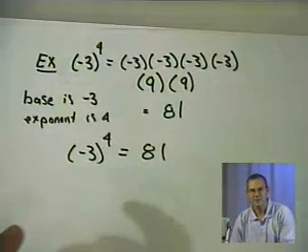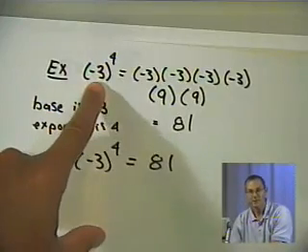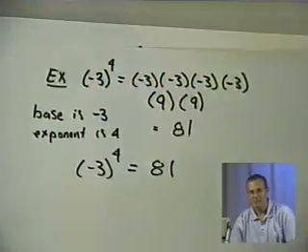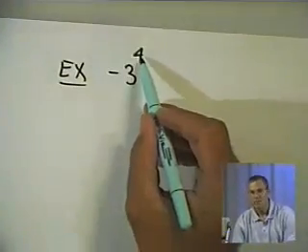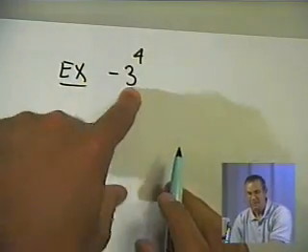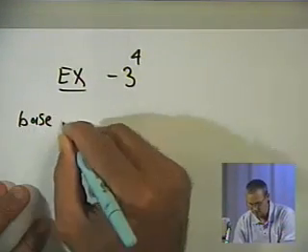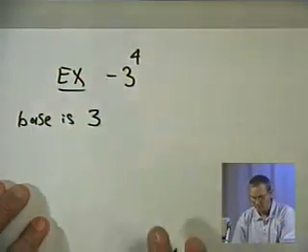So negative 3 to the fourth is negative times 3 to the fourth. We just learned 3 times 3 times 3 times 3 is 81. So negative 3 to the fourth is equal to negative 81.